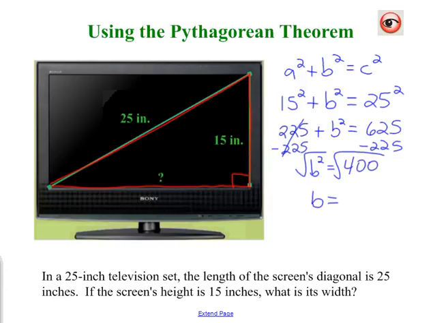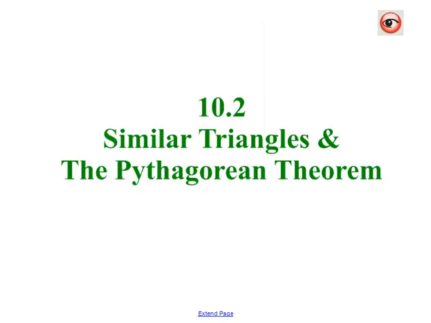This leaves us with side b equaling 20 inches. So we know the width of this television is 20 inches. This has been section 10.2, Similar Triangles and the Pythagorean Theorem.